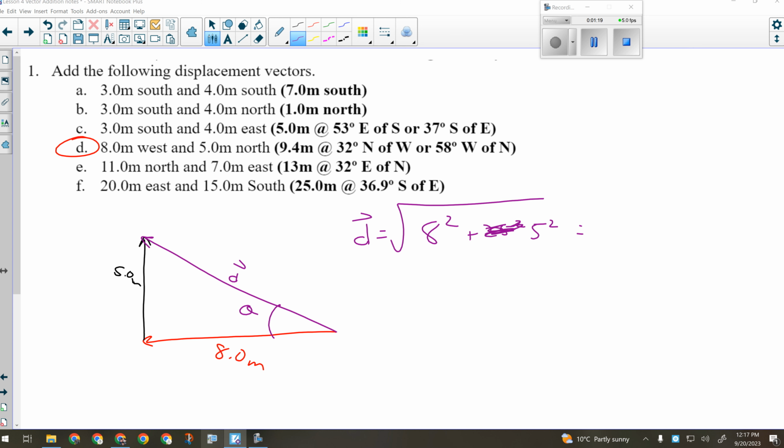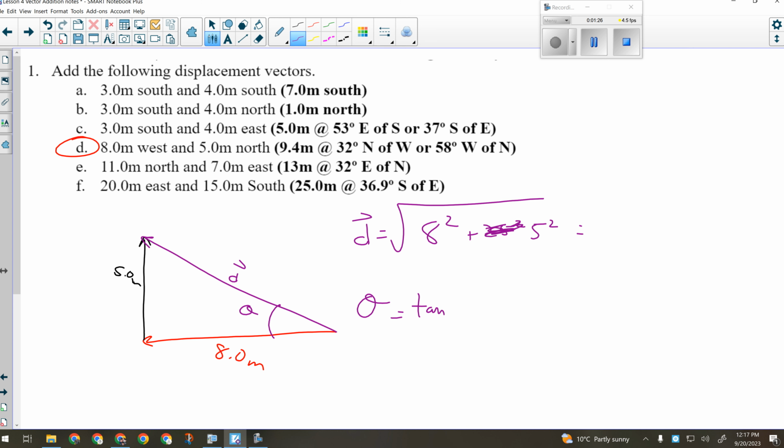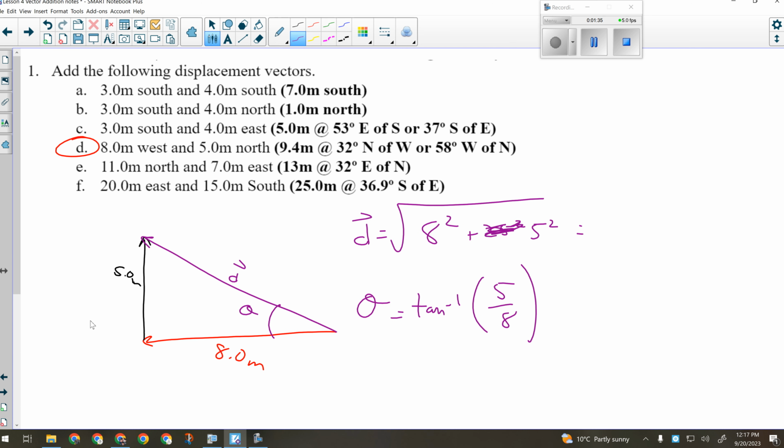And then our theta can be calculated by going opposite over adjacent, so tan to the minus 1 of 5 over 8, which should give us 9.4 meters at 32 degrees north of west. If you drew the triangle the other way, you're going to get that complementary angle of 58 degrees west of north. Questions on that first one?